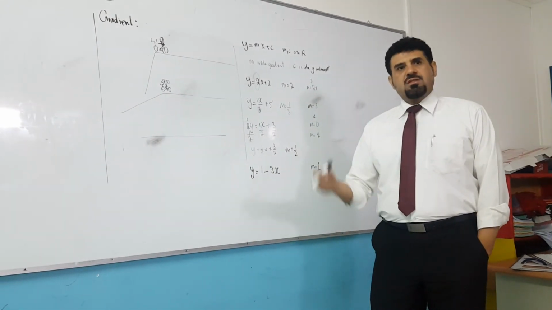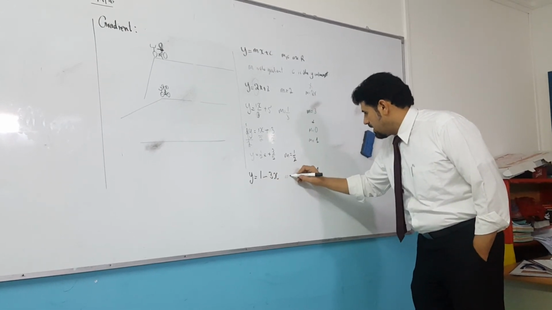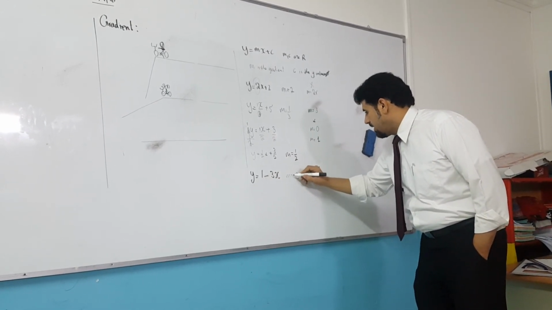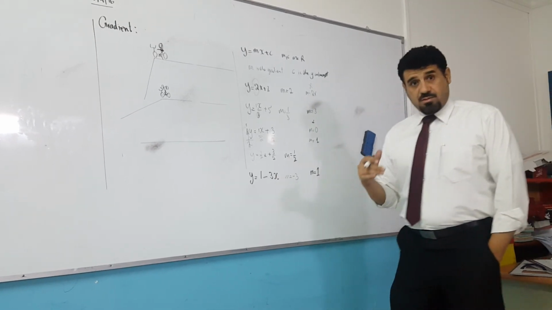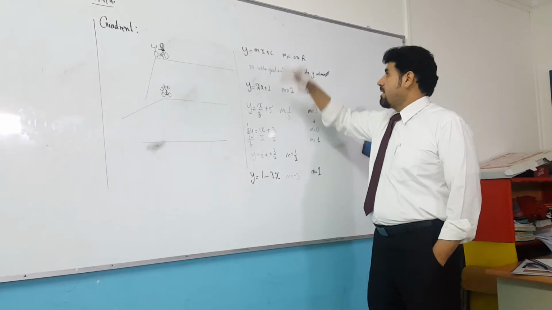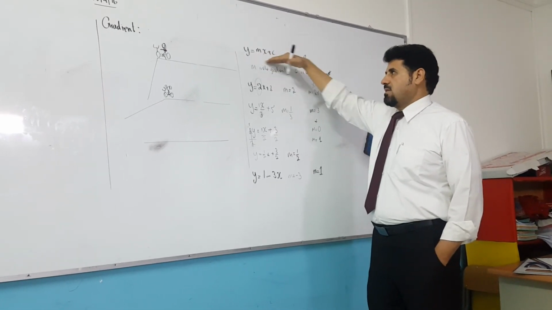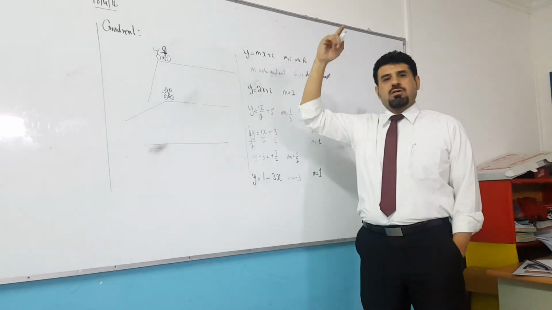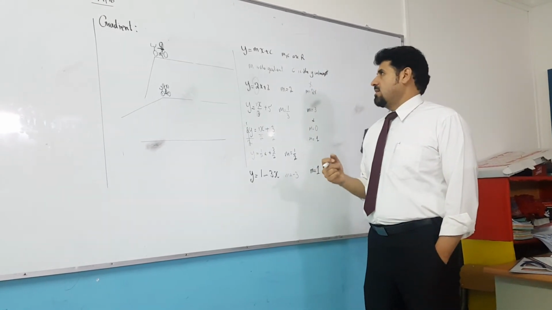It's the coefficient of x. And in this case, the coefficient of x is minus 3, not 3, minus 3. Okay, so again, to summarize, if the equation of a straight line is given in standard form, you just look at the coefficient of x for the gradient.